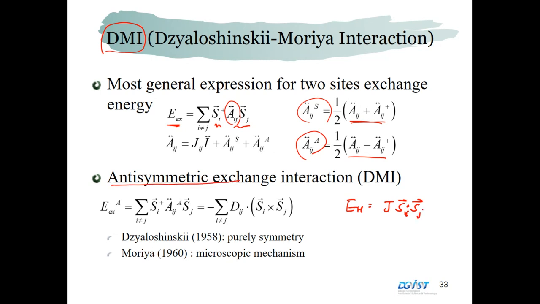But this antisymmetric exchange interaction gives us those kinds of terms. In this case, the two vectors make another vector by the cross product, and we need the additional vector to generate the scalar energy. So this kind of energy can arise by the symmetry breaking of the system, because this antisymmetric part must survive by the symmetry breaking.